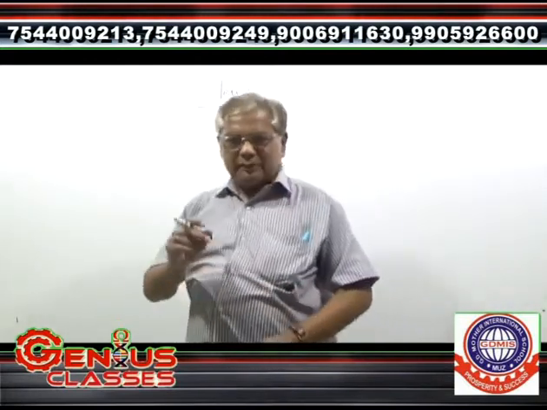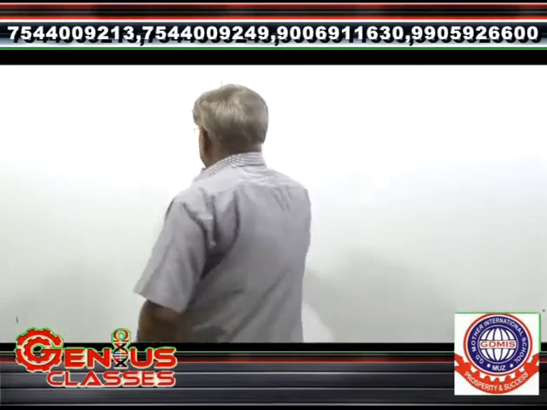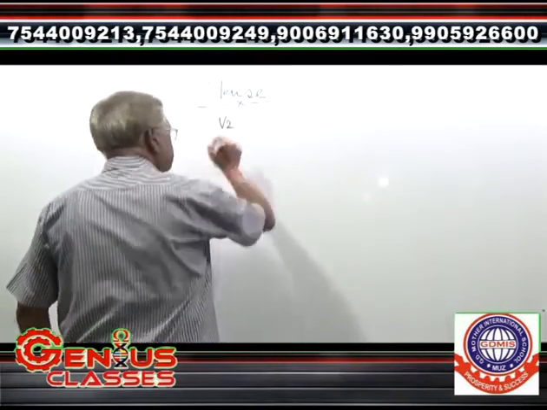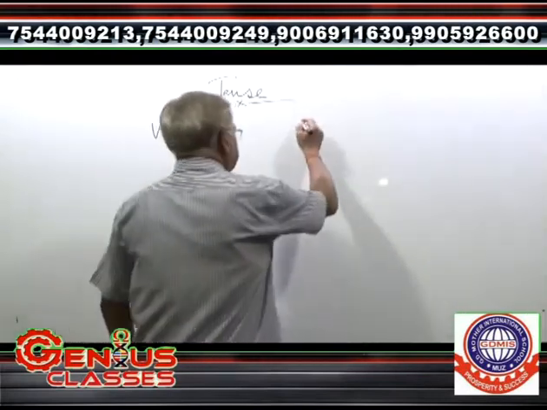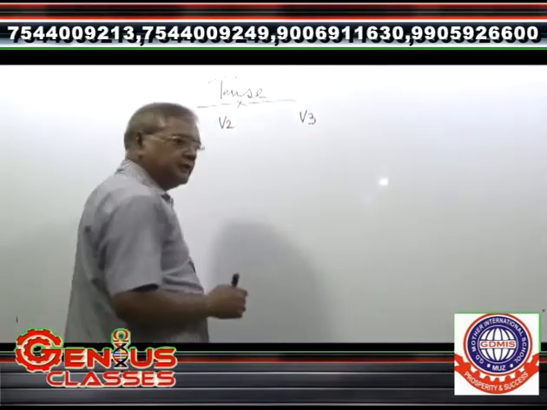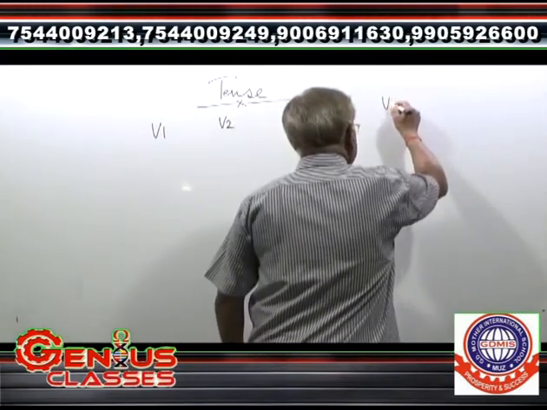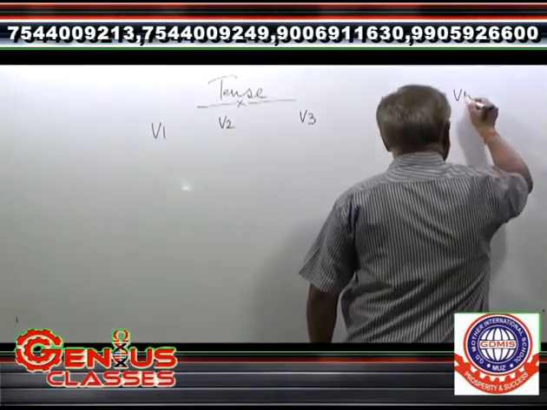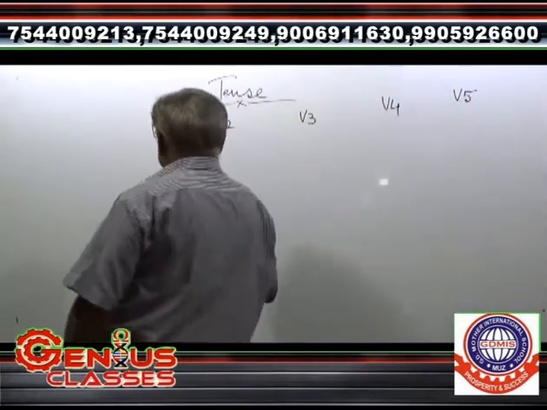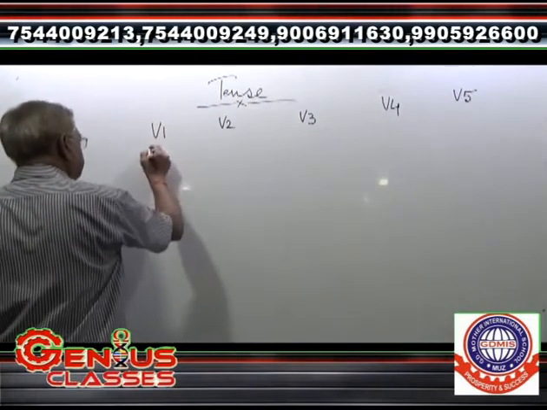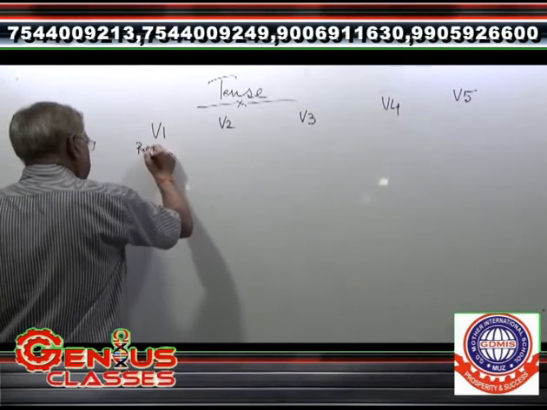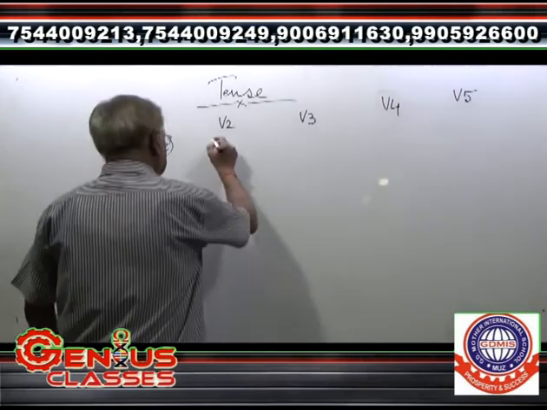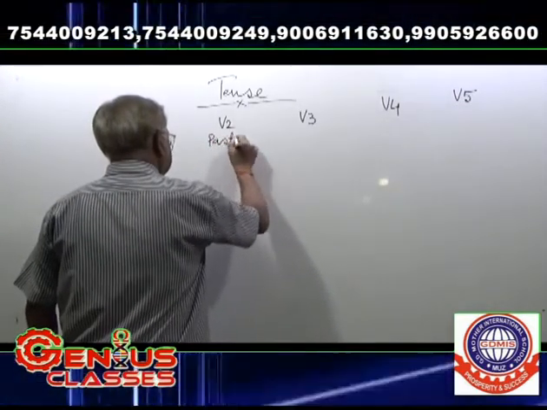So each formation of the verb, as V1, then V2, then V3, then V4, and then V5. V1 is known as present. V2 is known as past.